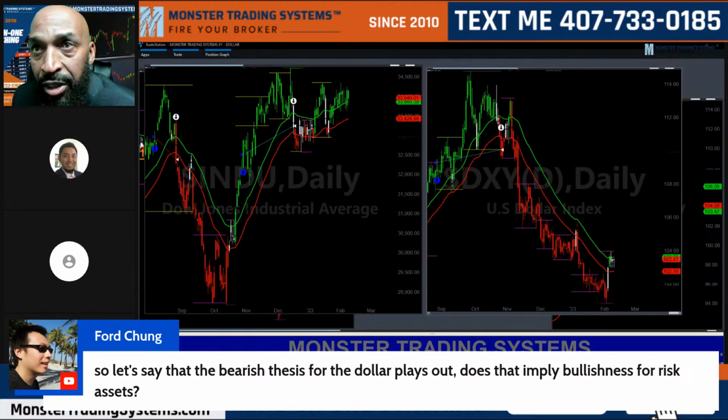We do not have buy signals yet on the Dow. But if we break resistance, that'll definitely push the dollar down. If the Dow continues to move higher, the Nasdaq, the Russell, the S&P, that will certainly bring the dollar down.